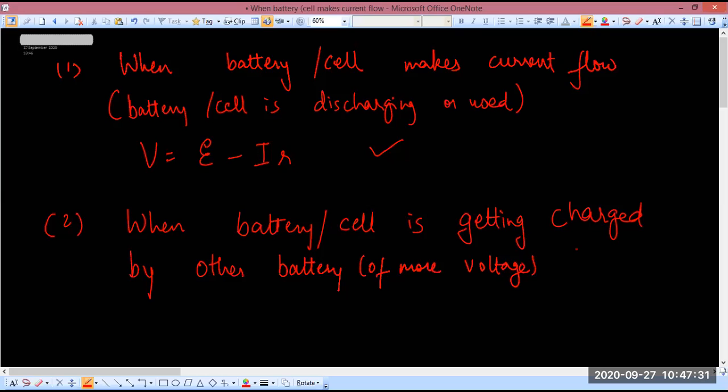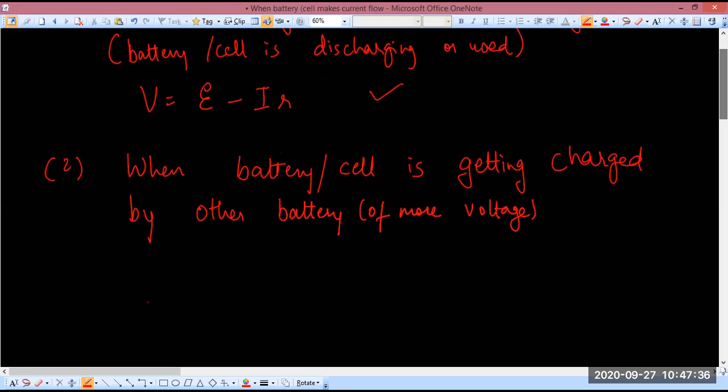So when battery or cell is getting charged by other battery of more voltage, at that time V should be equal to epsilon plus IR. Okay, what's the reason for this? The reason is because current flows in opposite direction.